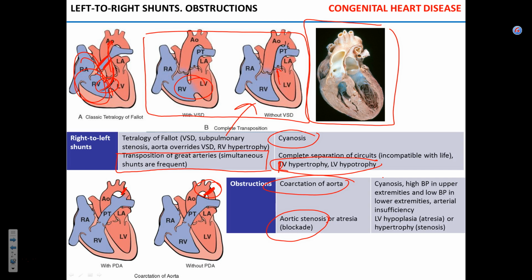Right after the blood vessels, the brachiocephalic trunk, left carotid, and left subclavian, the vessels that deliver the blood to the upper part of the body. Does that make sense? So blood will be directed towards the upper part of the body, which will lead to elevated blood pressure in the hands and arms, and lower blood pressure in the legs. Does that make sense to you? Okay.